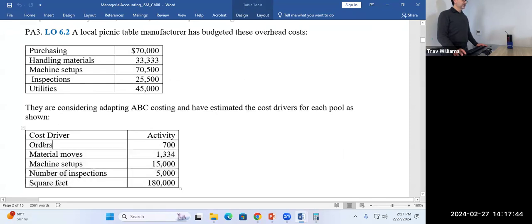So for example, there are 700 orders that they're anticipating that relate to $70,000 of purchasing costs. We have 1,334 material moves that relates to $33,333 of handling material costs, right? So this first table is the costs, and the second table is the activities. Got it?